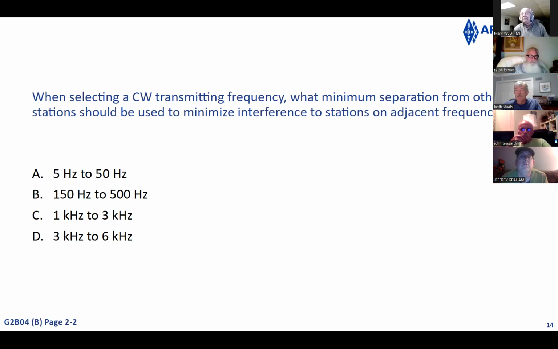Assuming you're running CW. Now, if you're staying with single sideband, the 300 hertz filter is not that important. In fact, it isn't going to do you any good at all in single sideband. But if you're thinking at all of doing CW, it's a very, very handy filter to have.